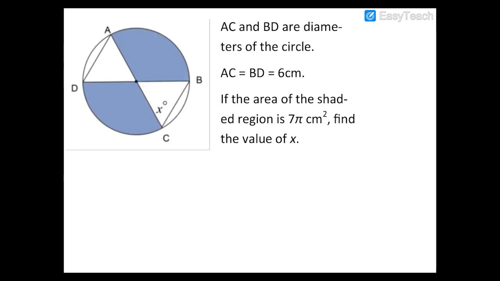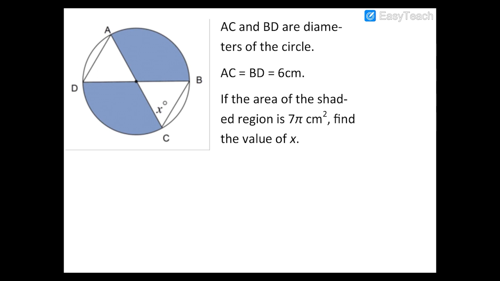Okay, this question says AC and BD are diameters of the circle. AC is equal to BD, which is equal to 6 centimeters. If the area of the shaded region is 7 pi centimeters squared, find the value of X. Now we know that AC is a diameter and it equals 6.